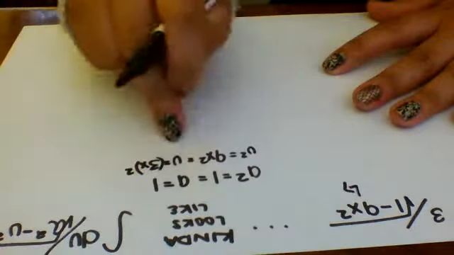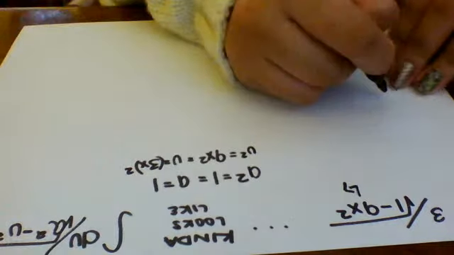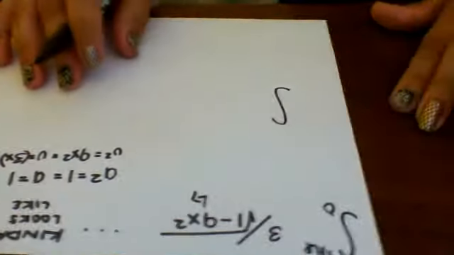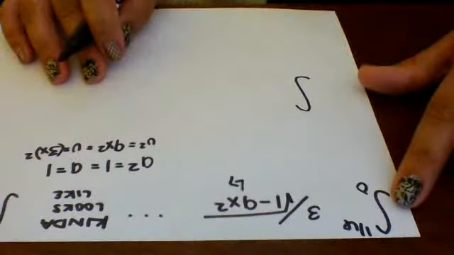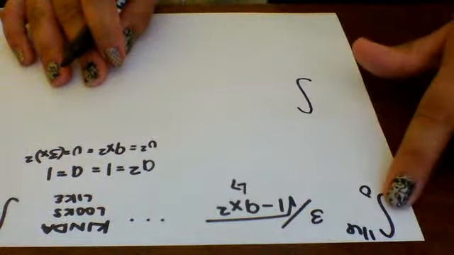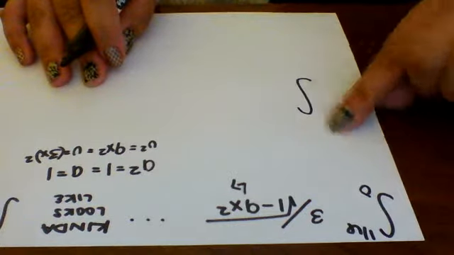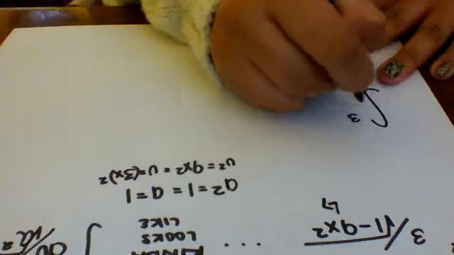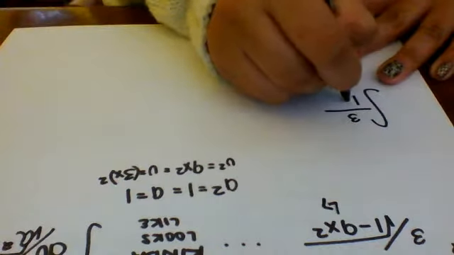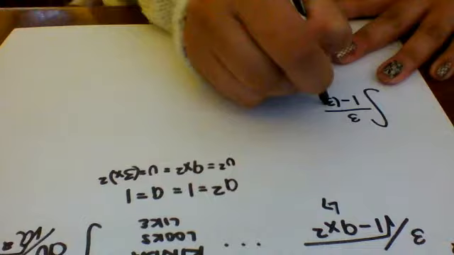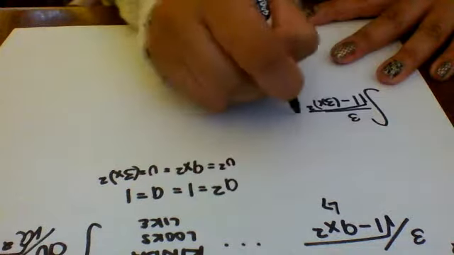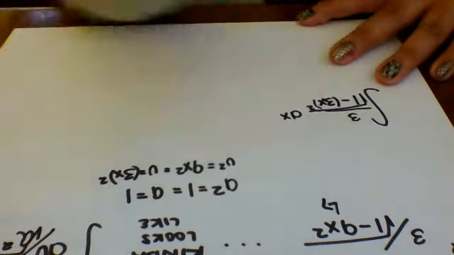Since we've solved this part, what I like to do is write it down here, and for the endpoints that are given, I like to do them at the end, so I don't write them while I'm doing the integration. So then we have the integral of 3 over the square root of 1 minus 3x squared, dx.